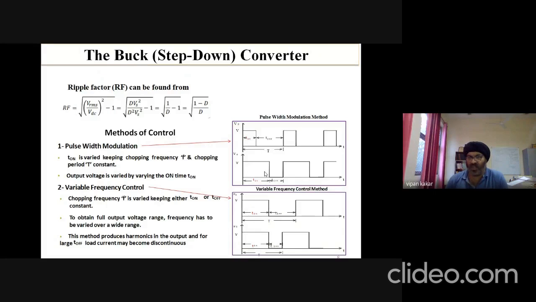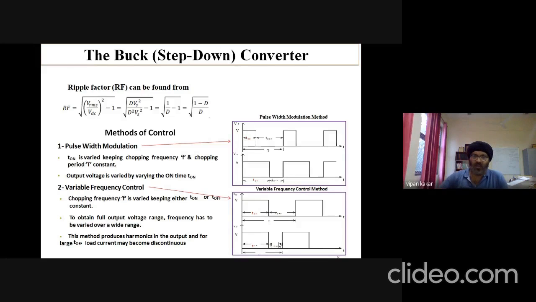In the previous case, in pulse width modulation, capital T remains fixed, turn on time keeps on changing, means pulse width keeps on changing. Here, pulse width stays constant, but the time period keeps on changing.